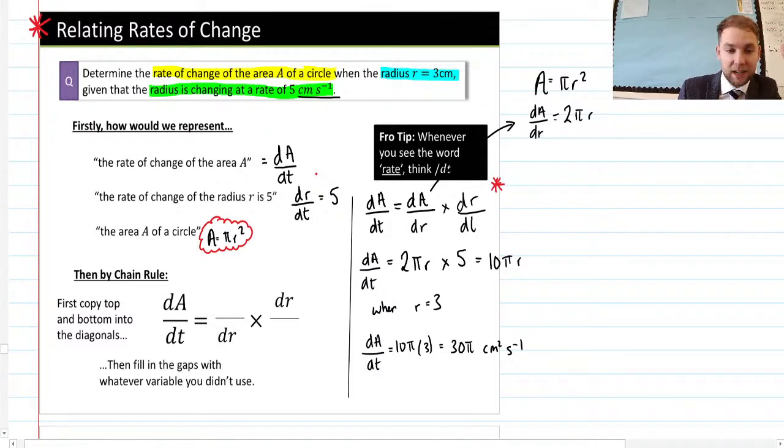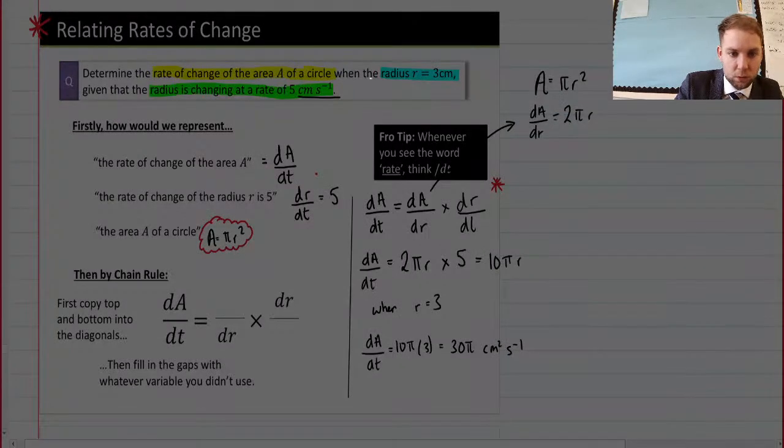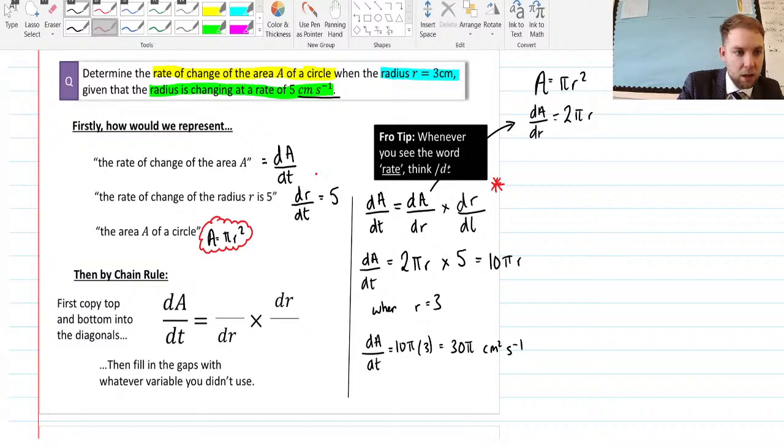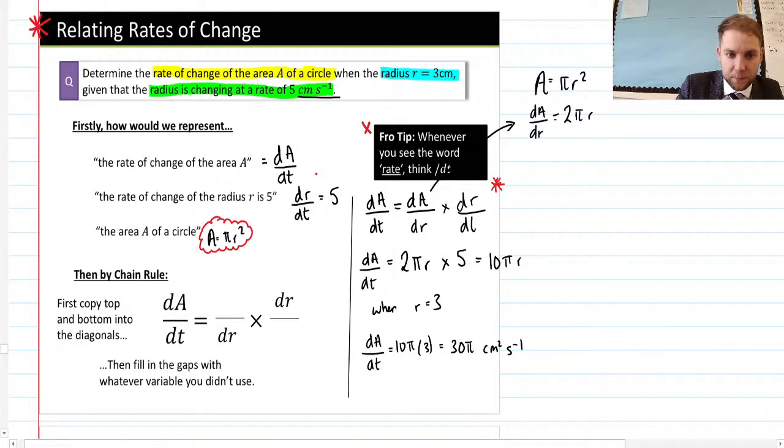Do you understand that the radius is equal to 3? Do you understand that the radius is changing at a rate of 5 centimeters per second means dr by dt is equal to 5? Now all of this comes from this new word here, which is saying that every time you see the rate, you need to think of d divided by dt.